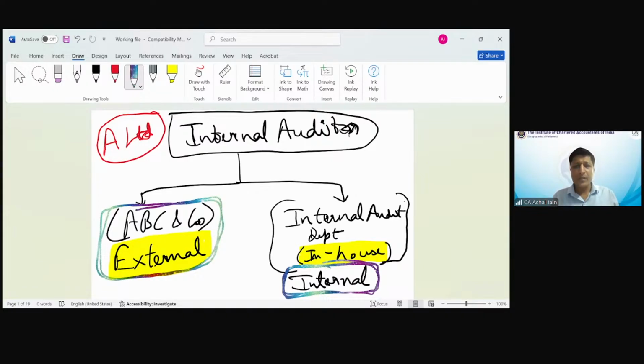It's up to the company. In fact, some companies will have both. They will have their in-house internal audit department, and they also hire a third party. That is again dependent on the scope, the expectations of the management, and how compliance is required to be maintained. So all of these factors vary from entity to entity. So there's no such fixed procedure or formula which is set.